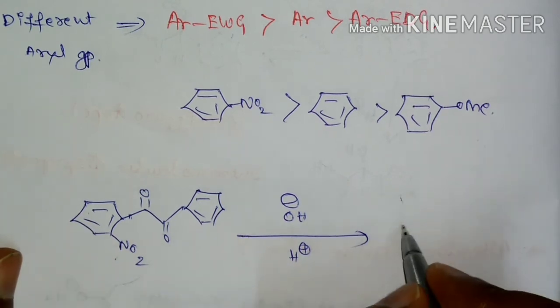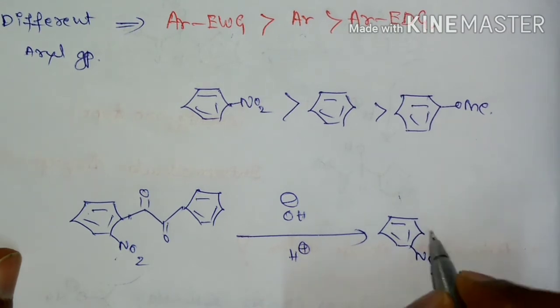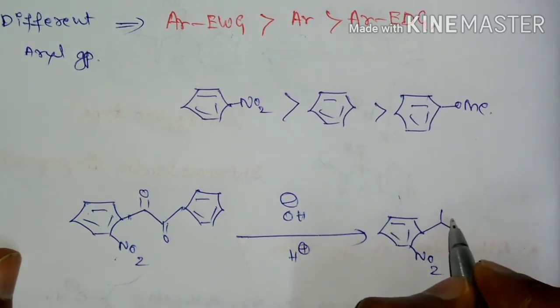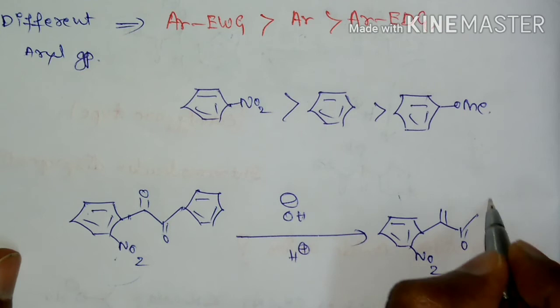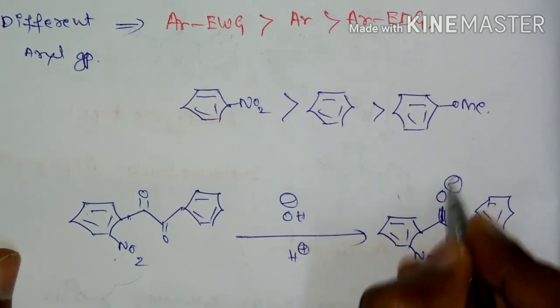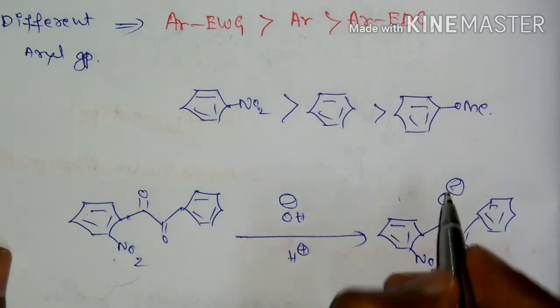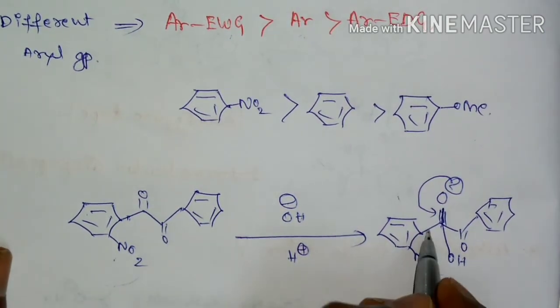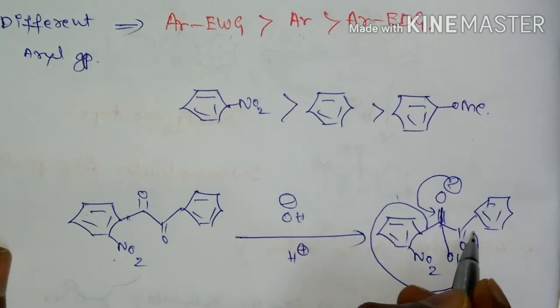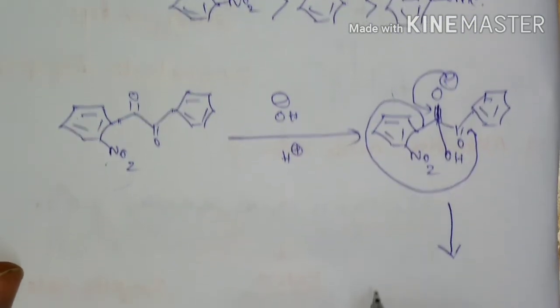So I'll write the mechanism. NO2. Here the OH group will come and attack. This will migrate and attack the carbonyl, and there will be a 1,2 shift.